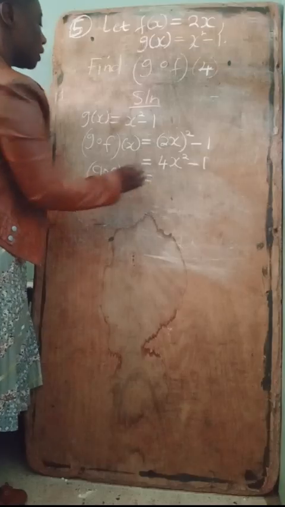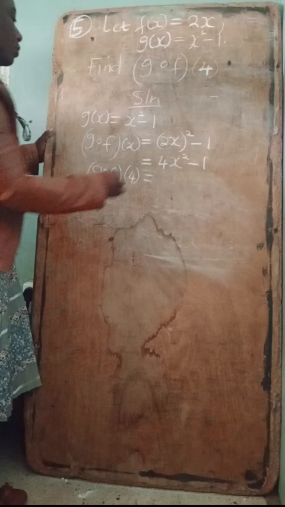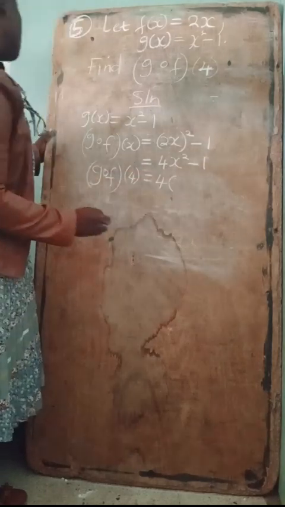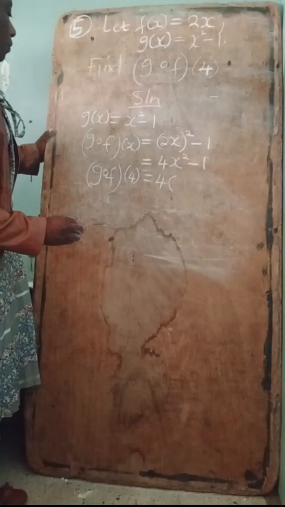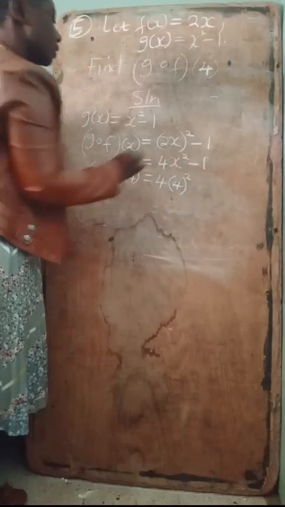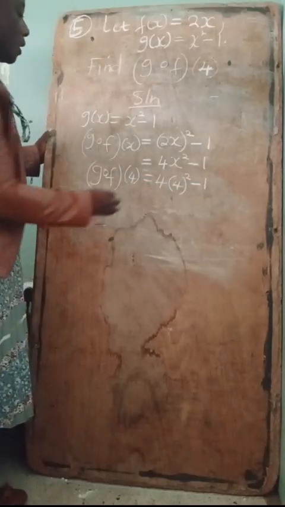Then from there, let's bring in our G of F of 4. Meaning where there's X now we are replacing it with a 4. So we are saying 4 in the brackets, and this 4 is squared. So we are saying minus 1.